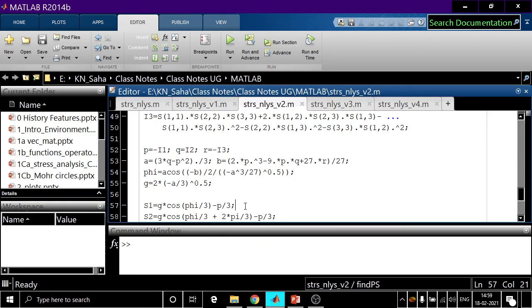This is fine. So this is our phi, cos inverse of that, and G is that capital A. In the analytical equation we had capital A, here it is G.